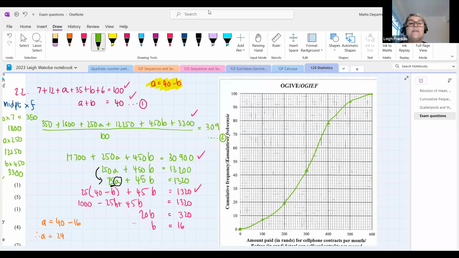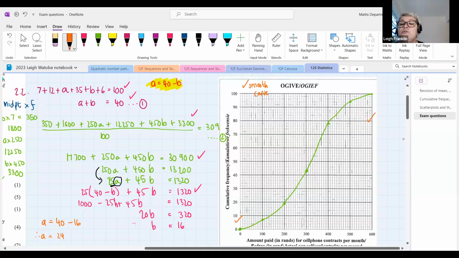All right. Now, this was out of 4 marks. So there is going to be a mark for your x-intercept, a mark for having a smooth curve, and then 2 accuracy marks for plotting your points.